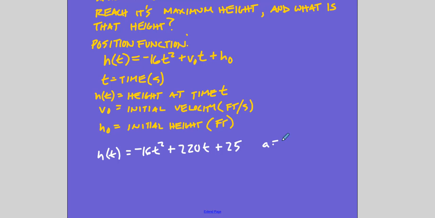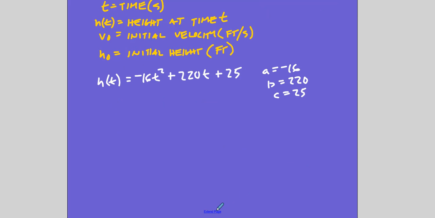So a is -16, b is 220, c is 25. So the t coordinate of the maximum height is going to be t equal to -b over 2a. We could actually write that as t max if we wanted to. Should have probably done that in the other problem.